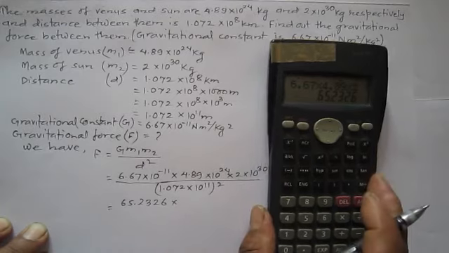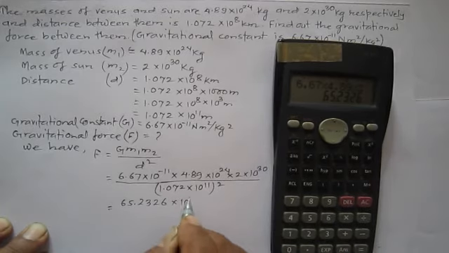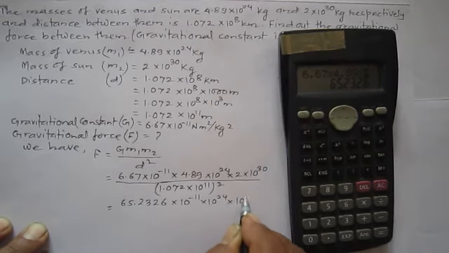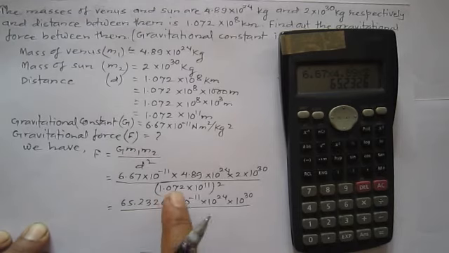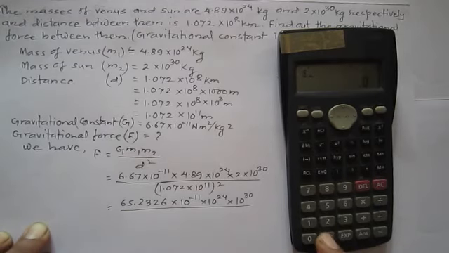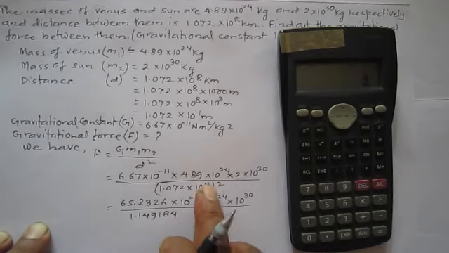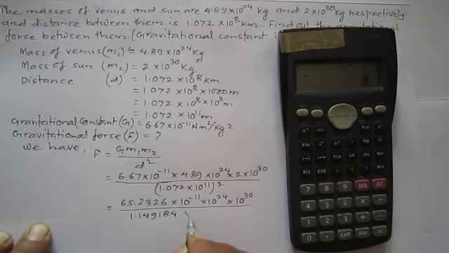Into, now the powers of 10: 10 to the power minus 11 into 10 to the power 24 into 10 to the power 30. Now in the denominator, 1.072 square means 1.072 multiplied by 1.072. This is equal to 1.14984. And look at this, 10 to the power 11 square means 11 twos are 22. That's why this is equal to 10 to the power 22.